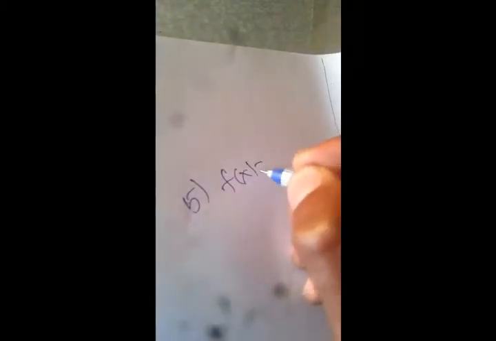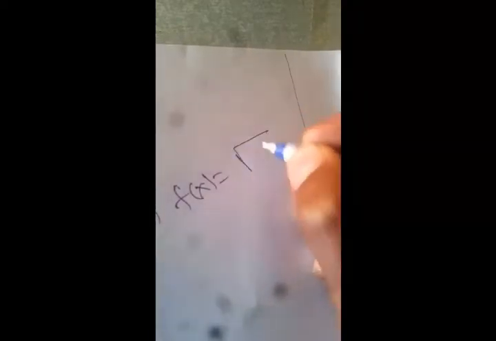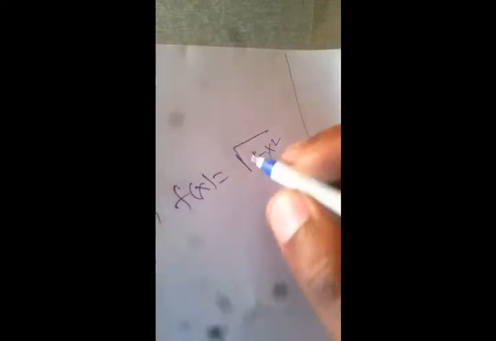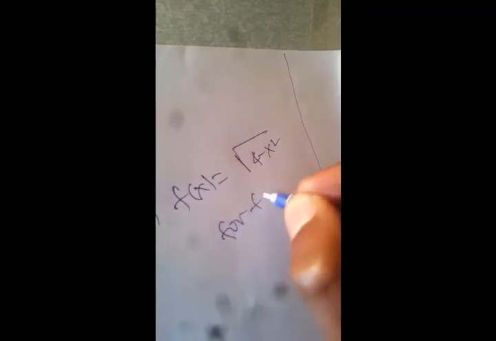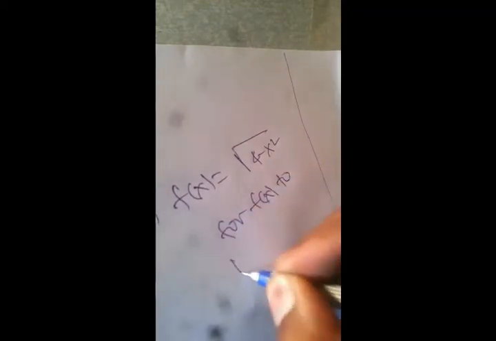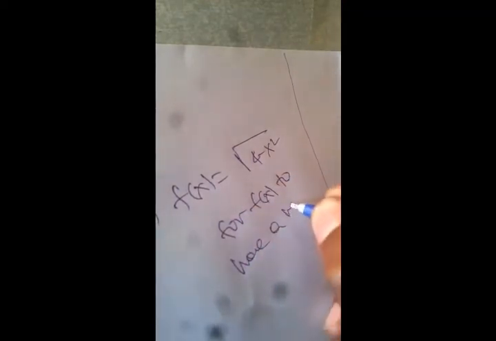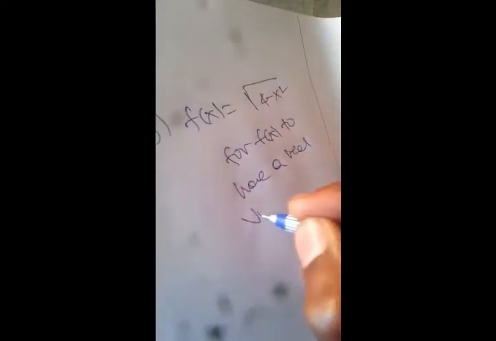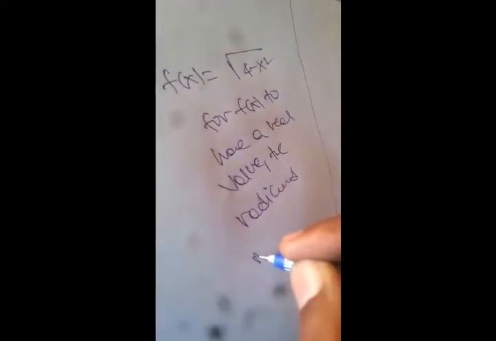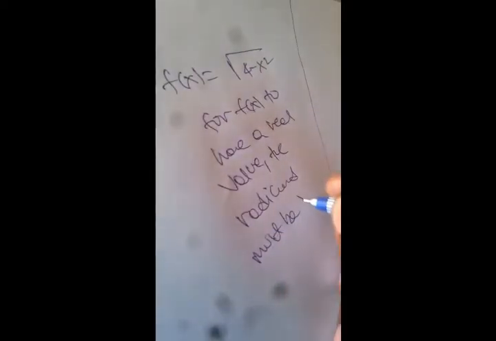And our fifth example, example 5, will be f of x equals the square root of 4 minus x squared. We know that for f of x to have a real value, the radicand, the expression under the square root, must be greater than or equal to 0.